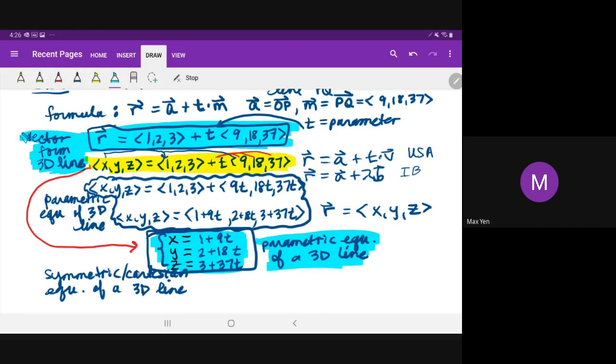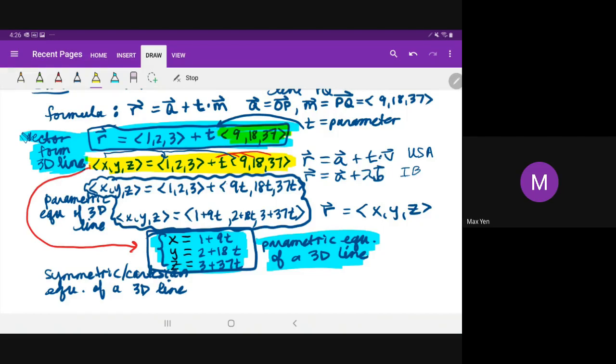Now, one thing when you're looking at the parametric equation of a line is how could you look at these equations and identify the slope vector? I'm going to try to highlight two colors, so hopefully it turns green. If you look at the vector form of the 3D line, where is the slope? The slope is next to the t.